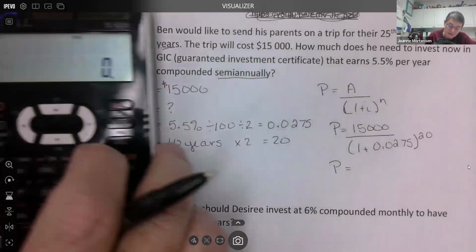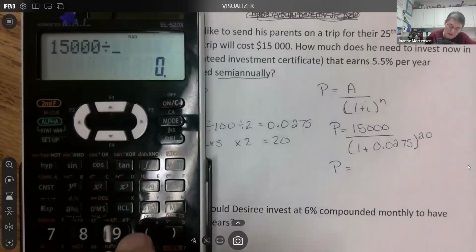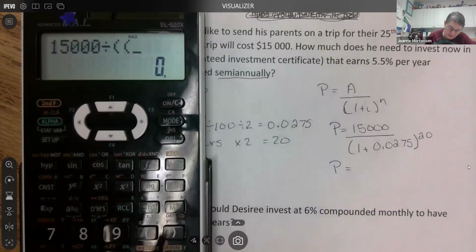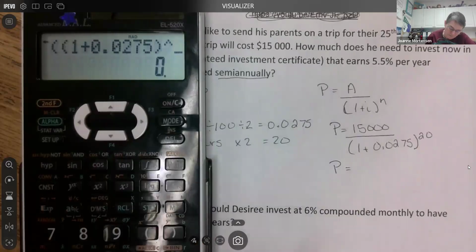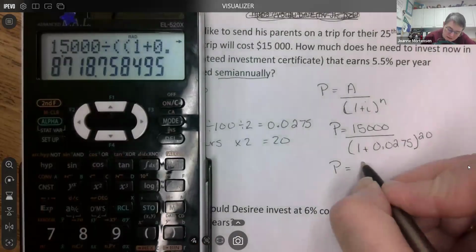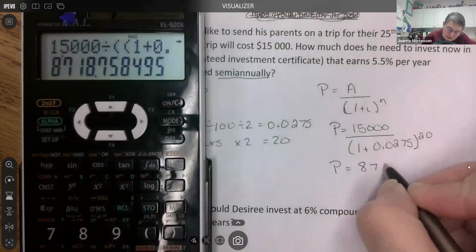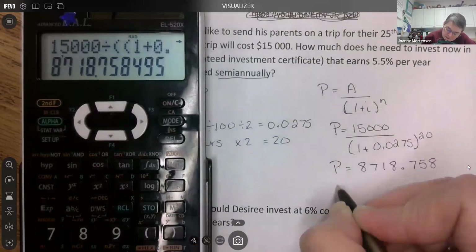Okay, here we go. 15,000 divided by bracket, 1 plus 0.0275. Close the bracket. Exponent 20. Close my bracket. 8718.758.